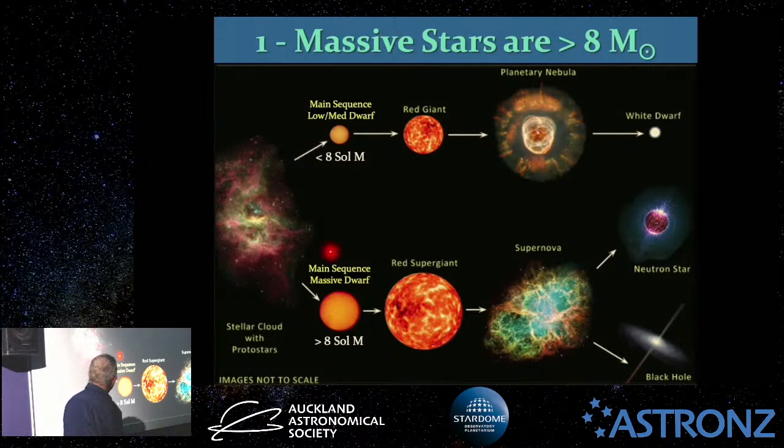Massive stars are considered those stars greater than 8 solar masses. Why? Because these are the stars that all end in a big supernova explosion. So here they are, they do the same, 90% of their time sitting on the main sequence burning hydrogen to helium. They then run out of hydrogen at their core, so they start burning shells around the core. That causes it to swell up, but you've got so much more mass and energy and heat going on in there, which we'll talk about shortly, that they become red supergiants.